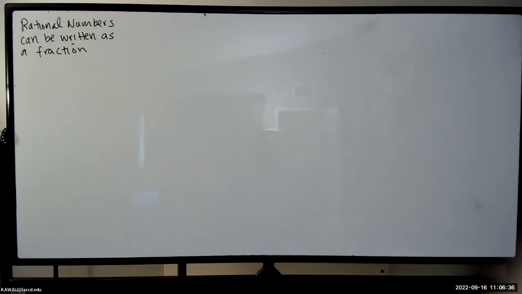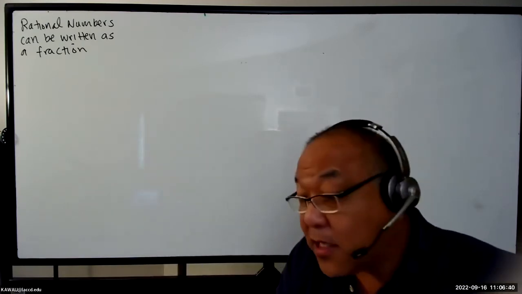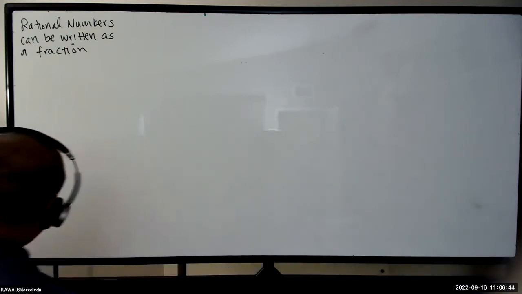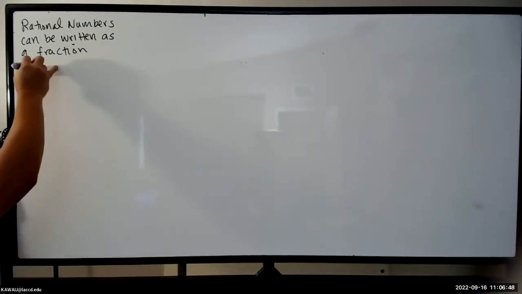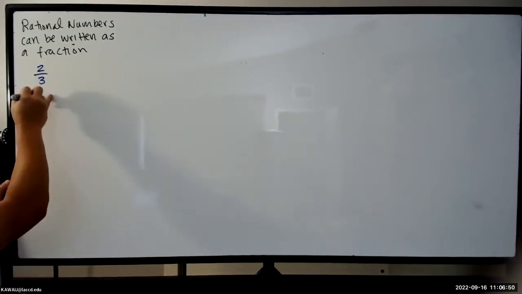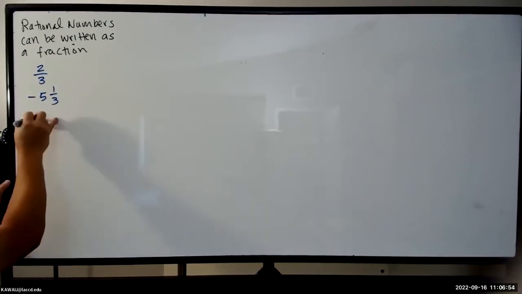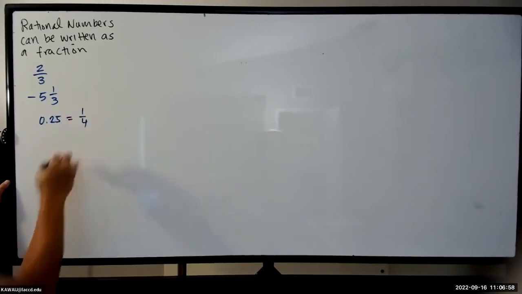It means that you can convert it into a fraction. So it could be a decimal that you can convert into a fraction. So, the easy ones to know are, hey, these are fractions. That's a fraction. But something like 0.25 is equal to 1/4.